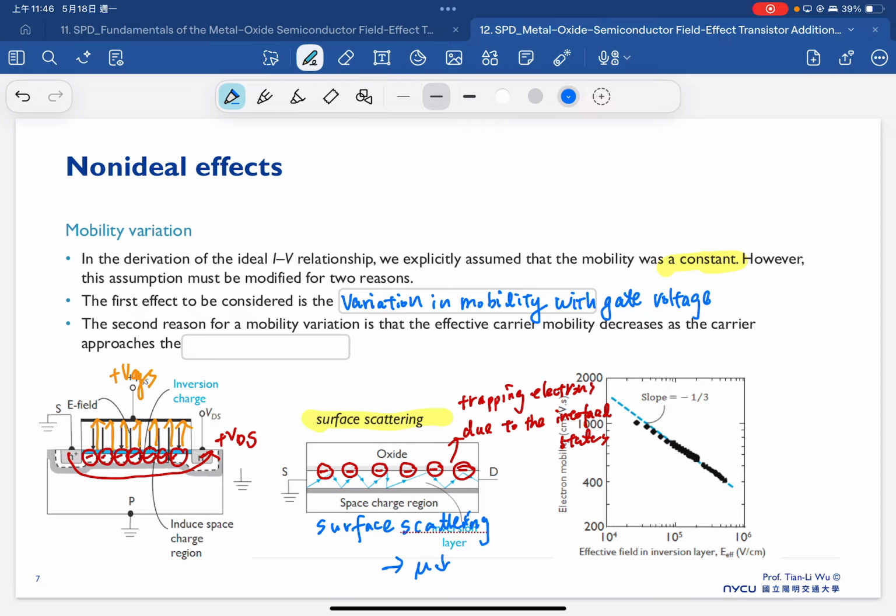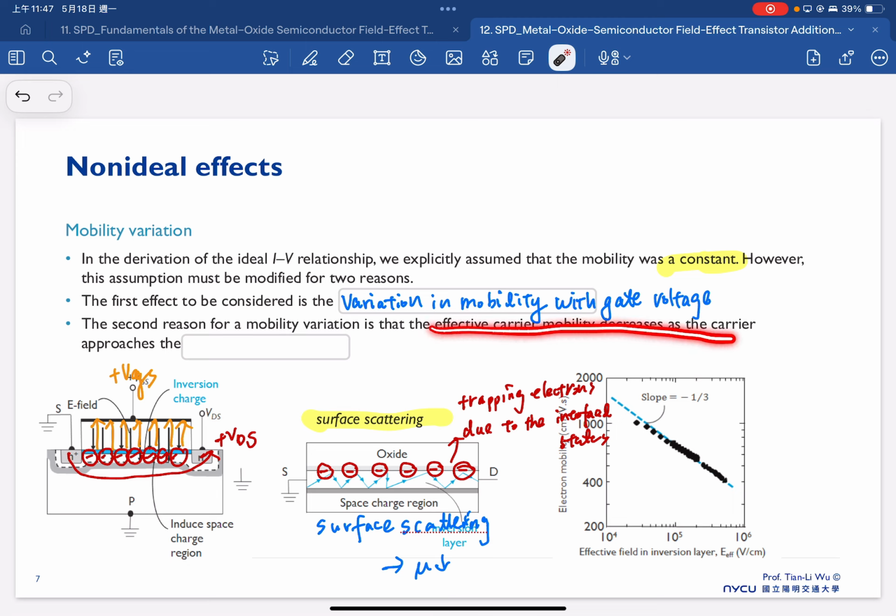And the second reason for mobility variation is that the effective carrier mobility decreases as the carriers approach the velocity saturation limit.